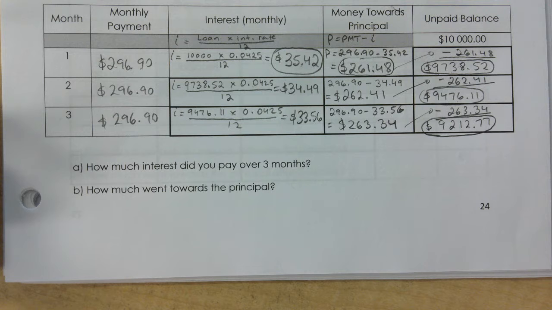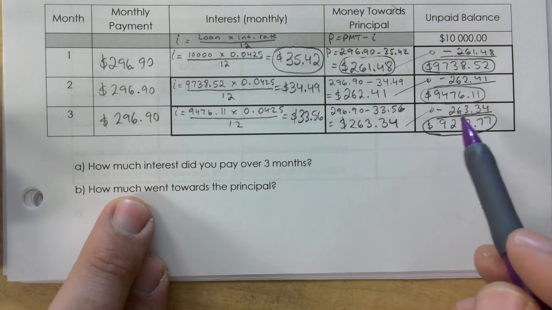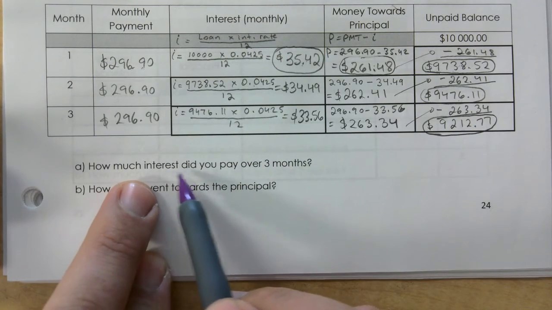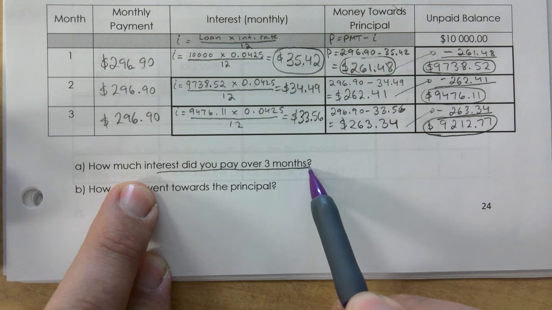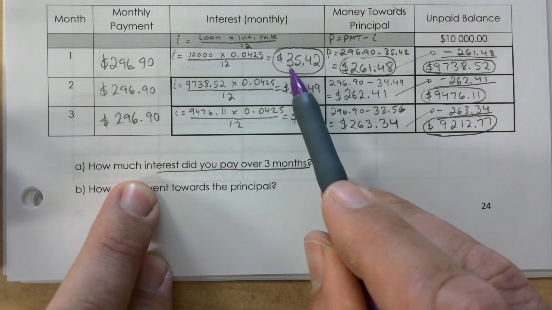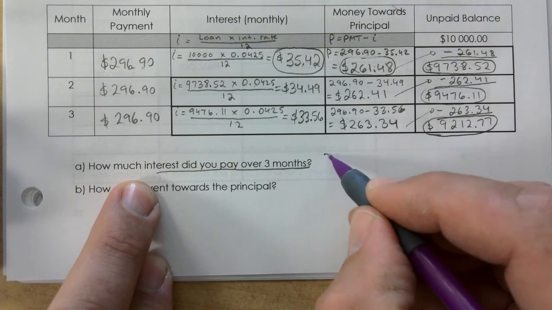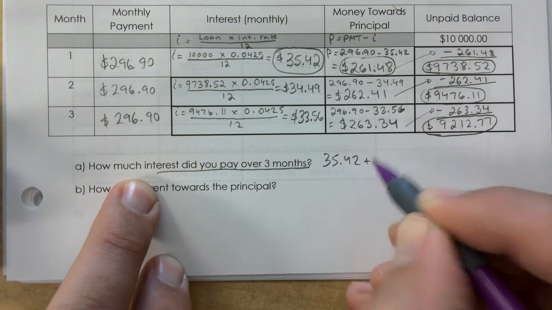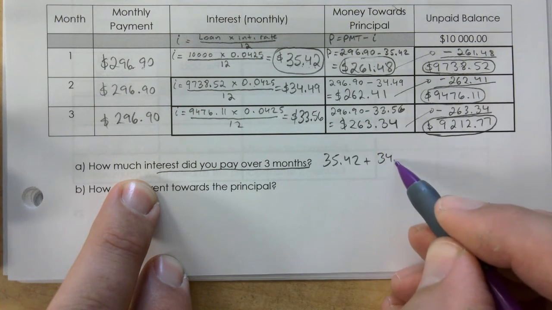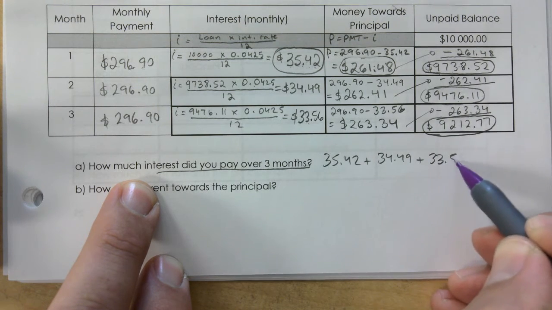Okay, so now let's see if you understand. Let's make sure we know how to answer, because this gives us a lot of information, right? How much interest did you pay over 3 months? Well, some students, I've seen them do this, 35.42 times 3, and that's wrong, right? It's 35.42 plus 34.49 plus 33.56.